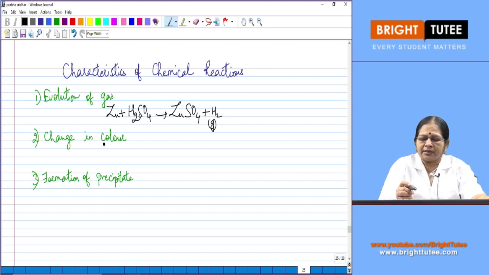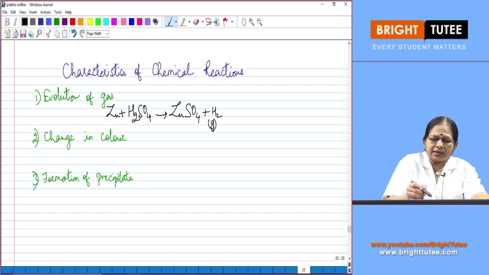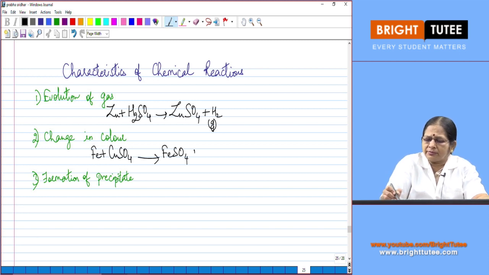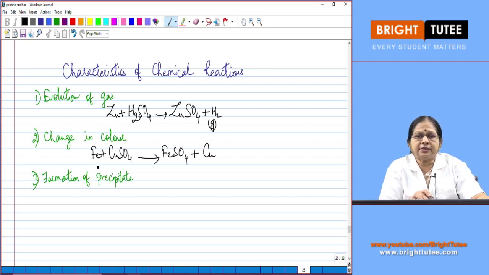Then change in color. Some chemical reactions you can identify by their change of color. For example, iron is taken and added to copper sulfate. The reaction will be Fe plus CuSO4 gives FeSO4 plus Cu. Iron filings are taken in a test tube or in a beaker.